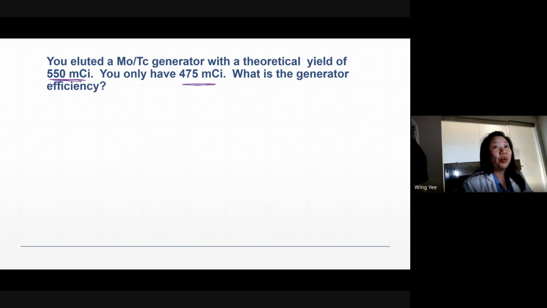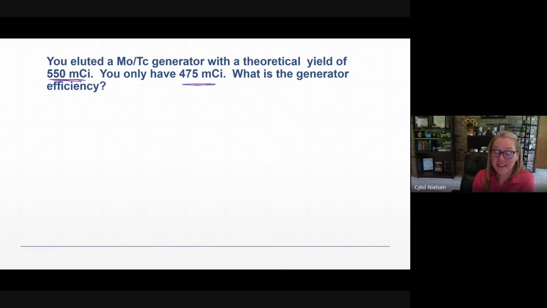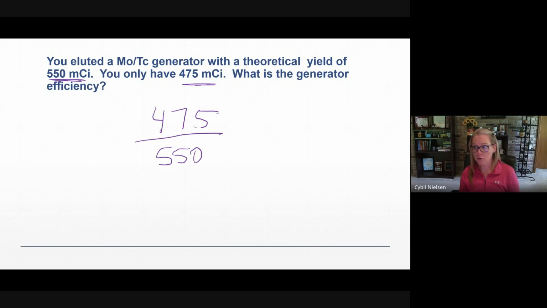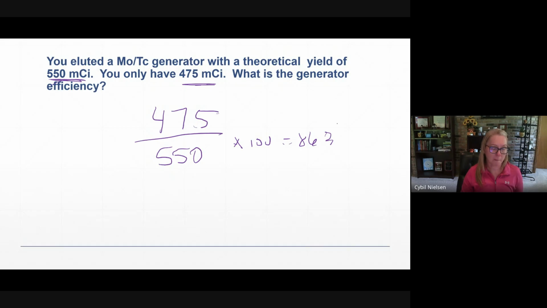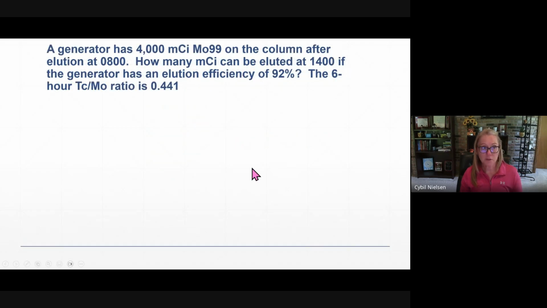No. If you did that, it's going to be over 100%. Your elution efficiency will always be less than 100%. So it's 475 over 550. So it's always going to be the smaller number on top. 86%. Yes, very good.